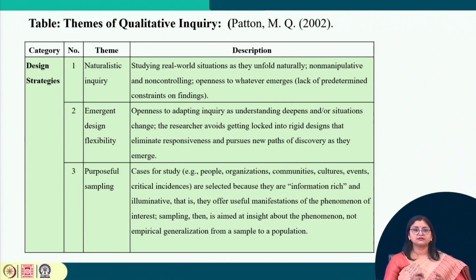And purposeful or purposive sampling: cases, whether people, organizations, communities, cultures, events, or critical incidents, are selected because they are information rich and useful for the researcher's study, and illuminate and offer useful manifestations of the phenomena of interest. Sampling then is aimed at insight about the phenomena, not empirical generalization from a sample to a population.